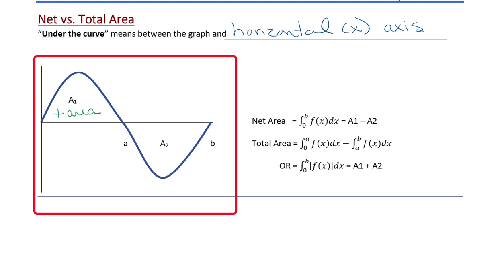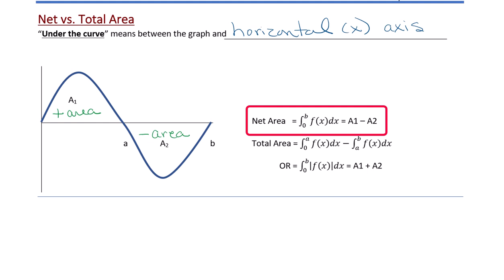Area A2 between A and B is below the x-axis, so that's a negative area. So when they ask you for the net area, they are wanting us to subtract those two areas. Which one's larger, the positive area or the negative area? So we would go ahead and just find the integral from 0 all the way out here to b. Basically, area of A1 minus area of A2.